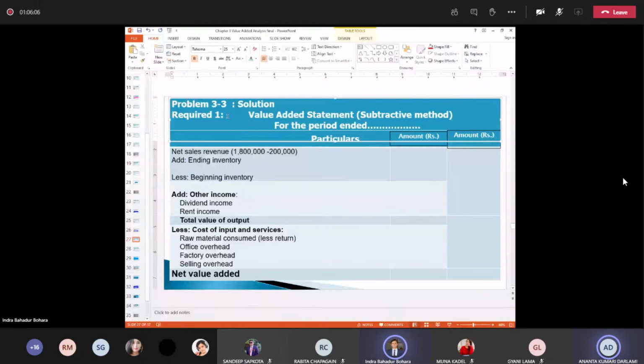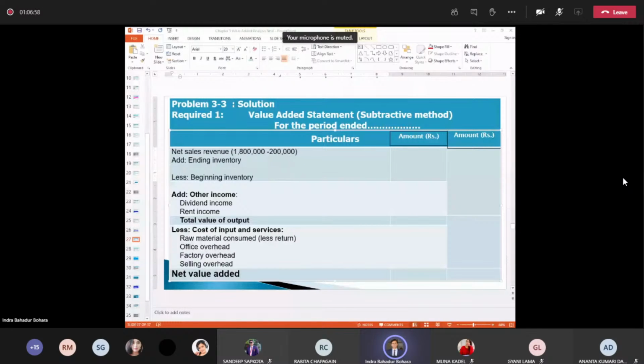Do you have the book? Look in the book to see which method we are following, subtractive method or additive method. Tax paid and dividend paid are additive; for them we use the additive method. Similarly, office overhead, return to supplier meaning purchase return, sales, rent income, sundry debtors, raw material purchase and factory overhead are used for the subtractive method.